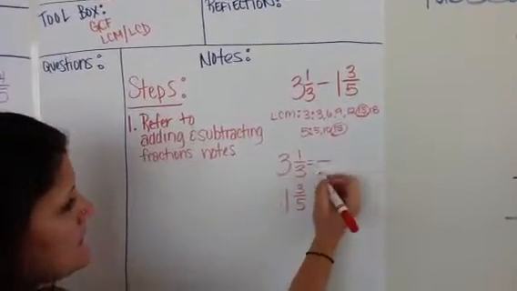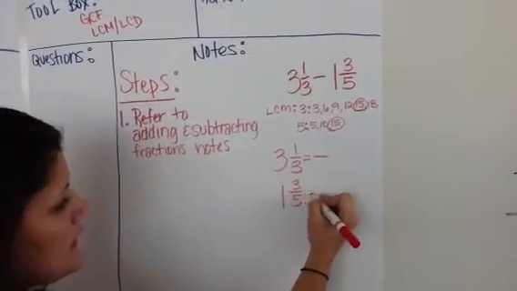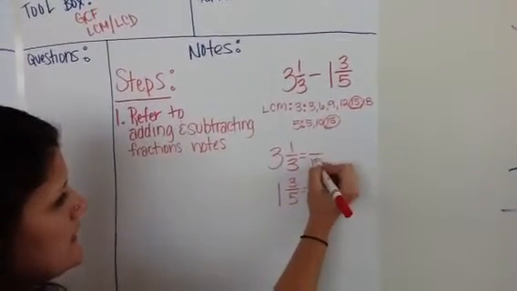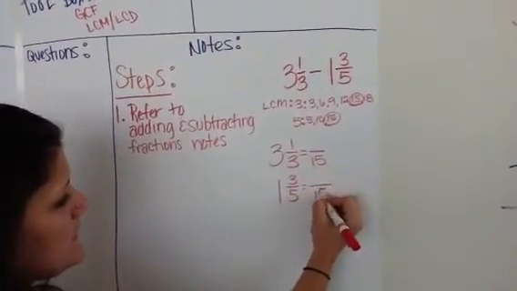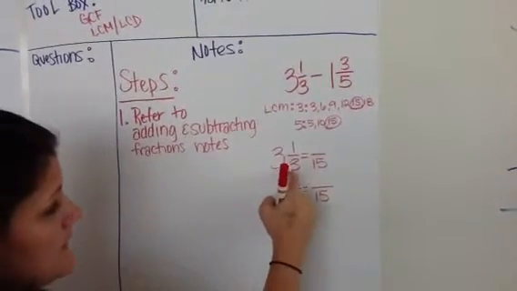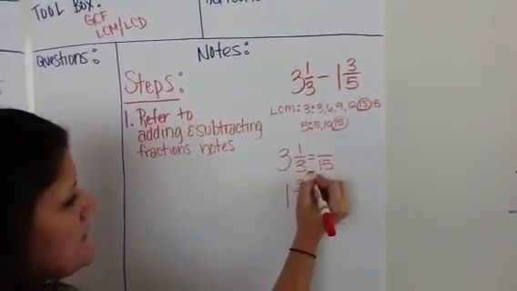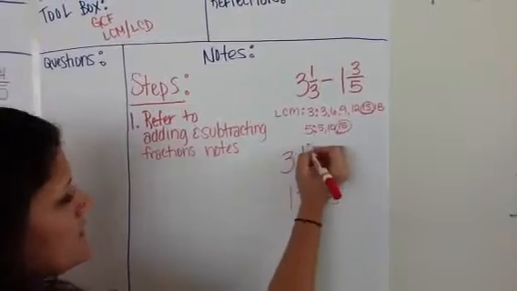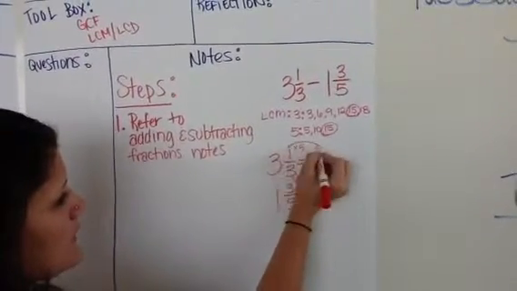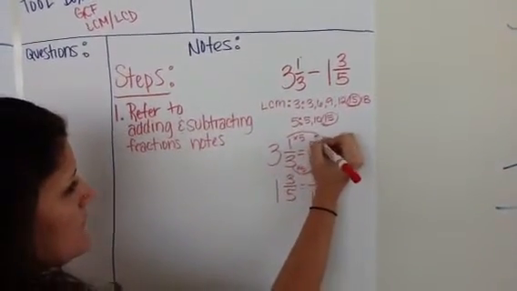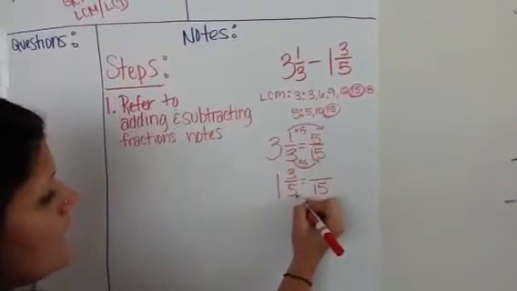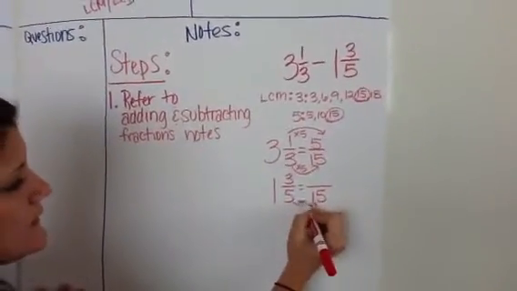Use my LCM to make equivalent fractions with 15 as my denominator. What did I multiply times 3 to get 15? I multiplied by 5. So I multiply the top times 5. So that's 1 times 5 is 5, 5 times 3 is 15.